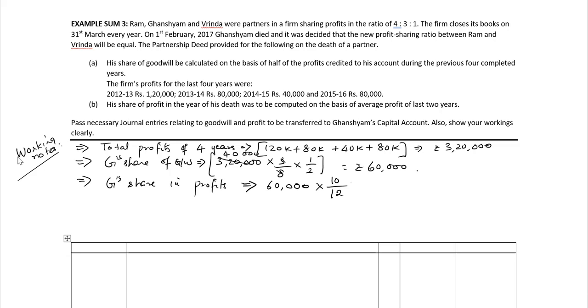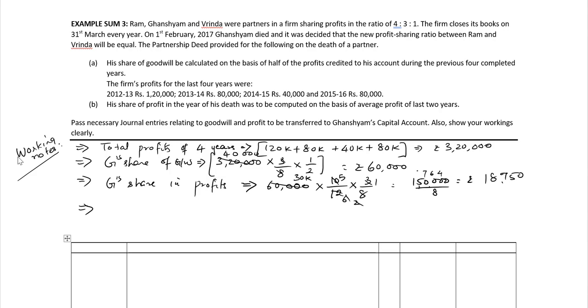So multiplied by 10 divided by 12 and multiplied by Ghanshyam's share in profits, which is 3 divided by 8. So 1,50,000 rupees divided by 8, which is equal to 18,750 rupees.